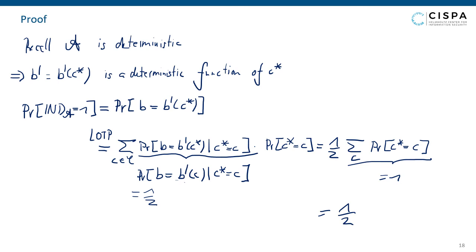So now we know that every deterministic algorithm A has exactly success probability 1/2. But what about randomized algorithms A? Well, a randomized algorithm A takes as input additional random coins.